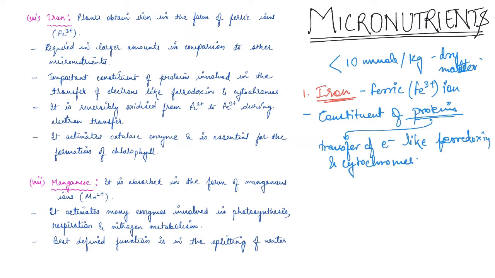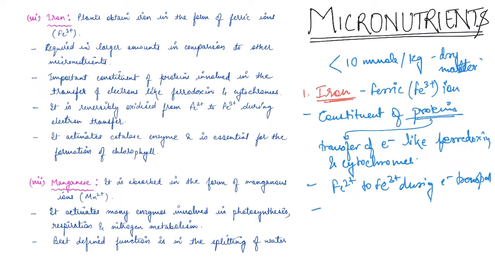Then again, during electron transfer, it is reversibly oxidized from Fe2+ to Fe3+. This happens during electron transport, right?